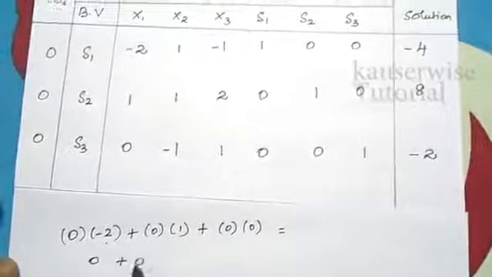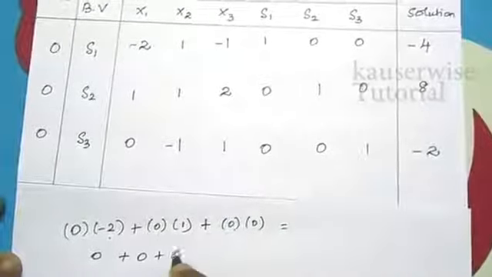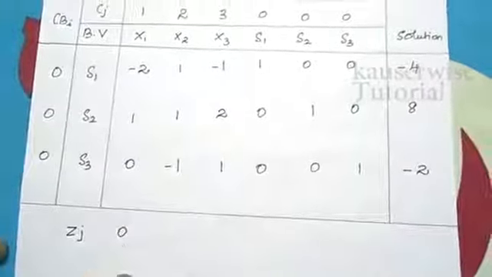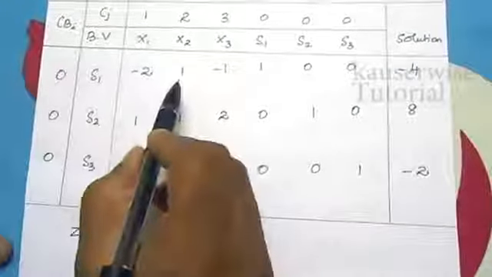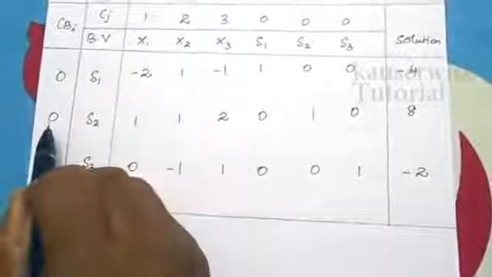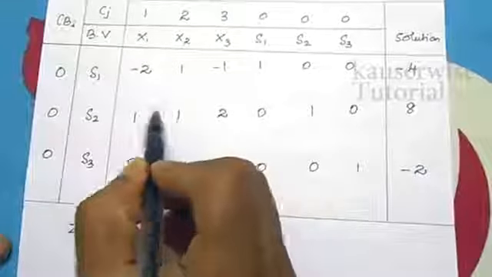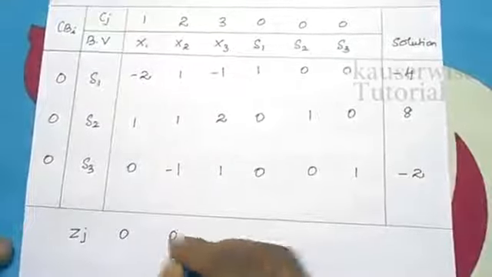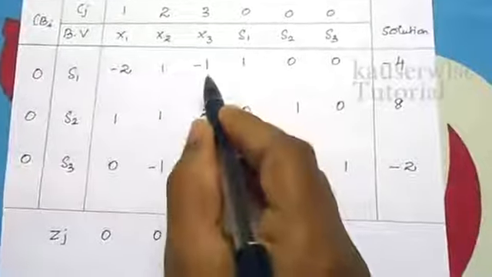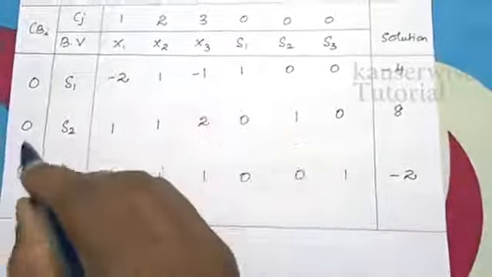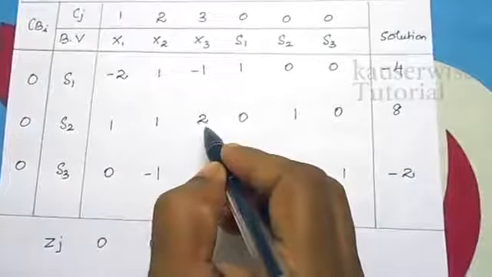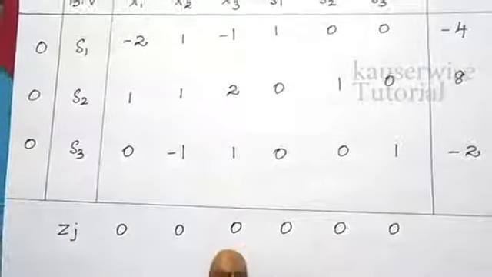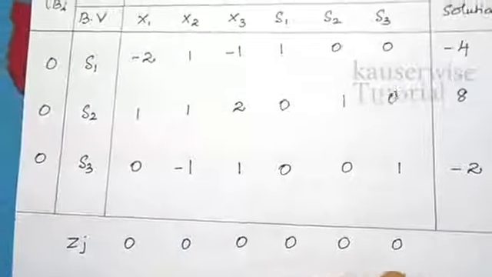So you will be getting 0. The first value is 0. In the same way for the second value, 0 into 1 plus 0 into 1 plus 0 into minus 1 is 0. Third value: 0 into minus 1 plus 0 into 2 plus 0 into 1 is 0. In the same way we have to find the values for S1, S2 and S3.